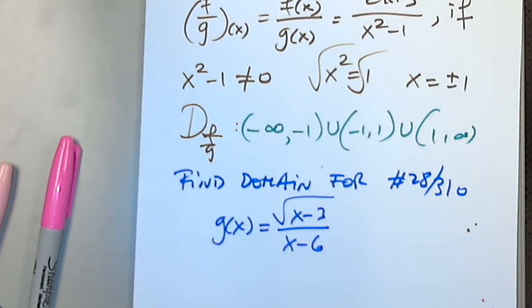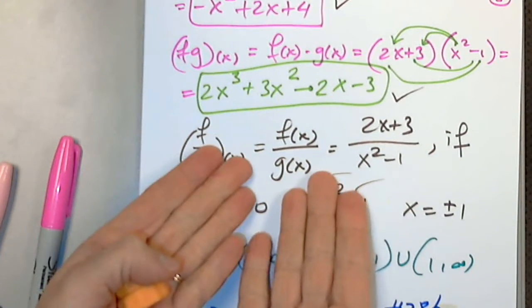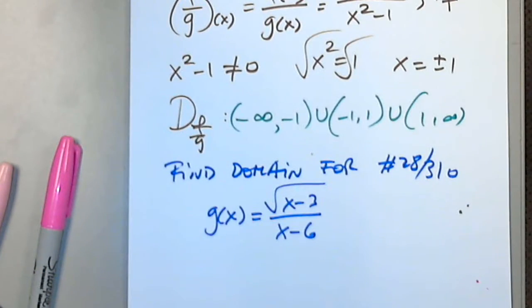It's a ratio of two functions, right? So a function at the top and a function at the bottom. The top function is the square root of x minus 3, and the bottom function is x minus 6, right? So this is an application, if you want, of why we are doing what we're doing: to create another function, and we did.